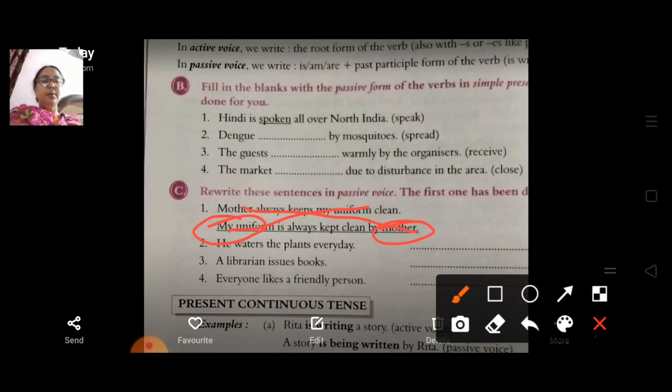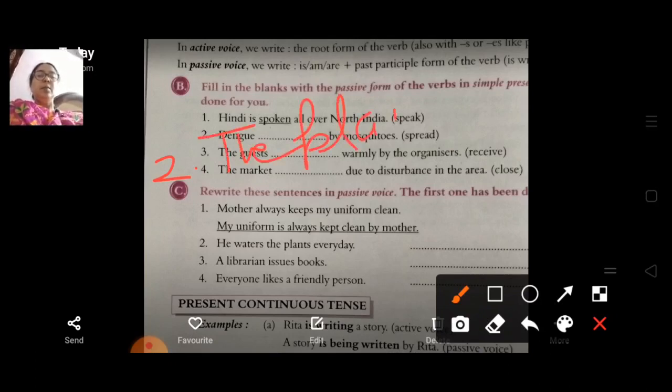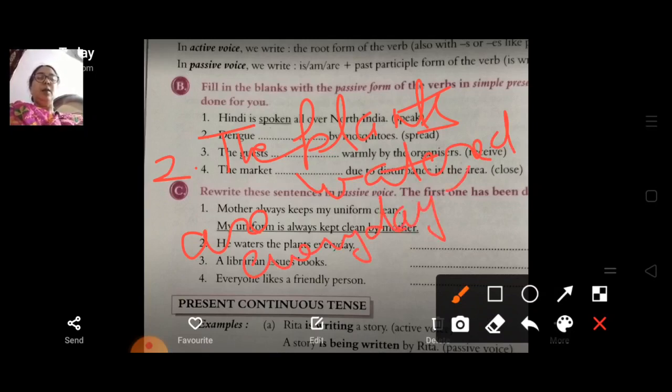Now let's start. He waters the plants every day. Now we are going to write, plants are watered every day by him. Now second one we are going to do, the plants are watered every day by him.